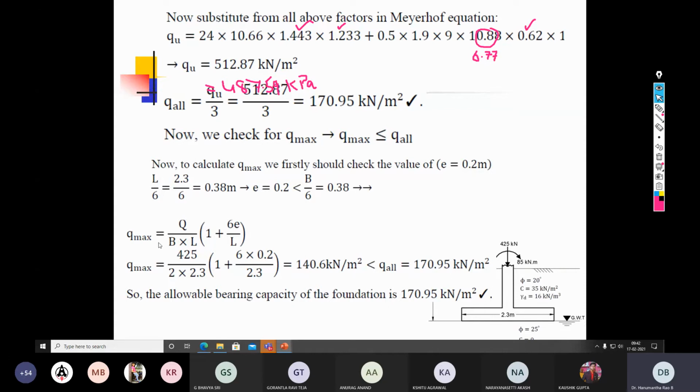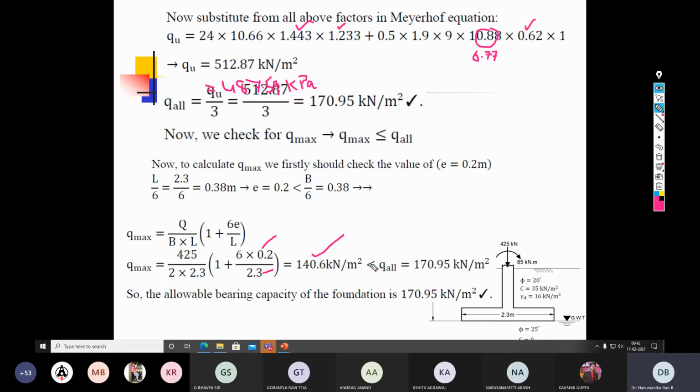So Q max is equal to Q by BL into 1 plus 6E by L. Q is 425 divided by, here you have to use the original geometry, that is 2 by 2.3, into 1 plus 6 into E, which is 0.2 meter, divided by L, which is 2.3. So what we get is the maximum Q max coming from the footing is 140.6 kilonewton per square meter.